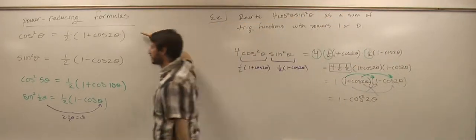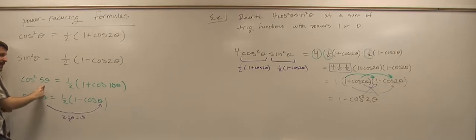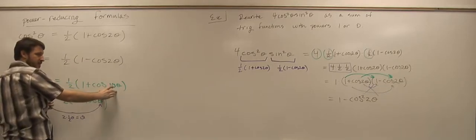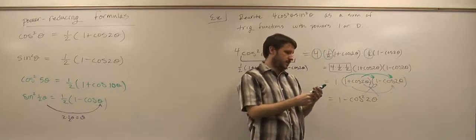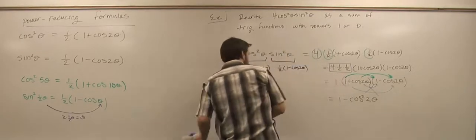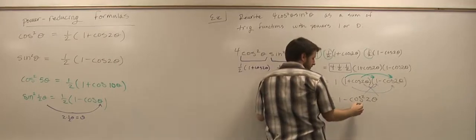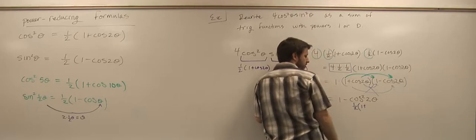Power reducing. So it's kind of like this situation where I had cos squared 5 theta and I could rewrite it with cos 10 theta. Well, now I have cos squared 2 theta. So cos squared 2 theta can be replaced with what? 1/2 (1 plus what?)